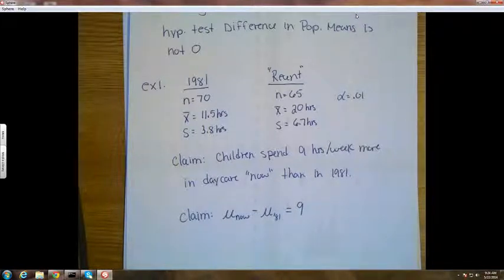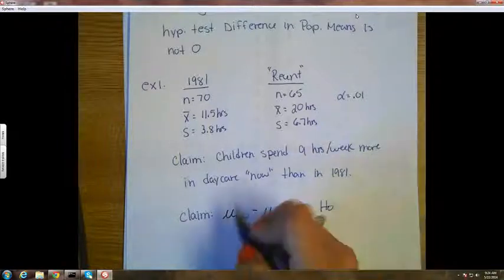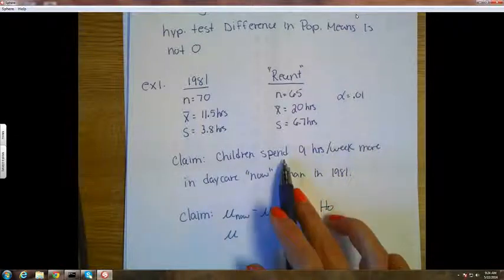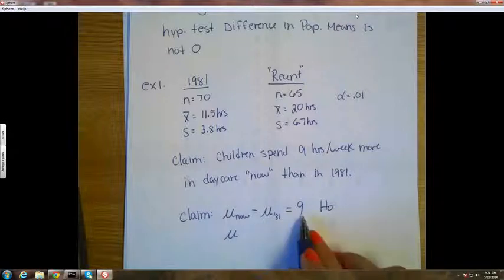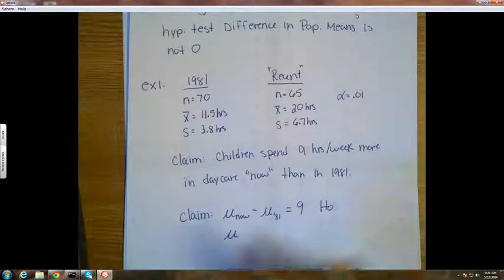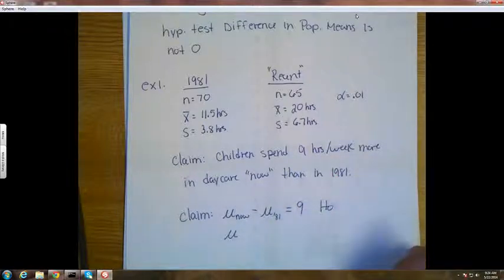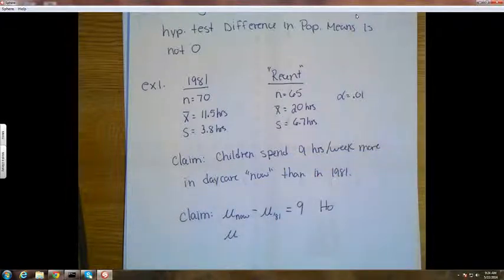Which makes the claim the Ho. Wait, why is it equal 9 again? Right here. It says the children spend 9 hours more in daycare now. So when I subtract the two, I get a difference of 9. Oh, okay. It's not at least 9 hours more or more than 9 hours more, it's 9. Yeah, because if it's different, it will say more than or less than or something. It'll be indicated right in there.